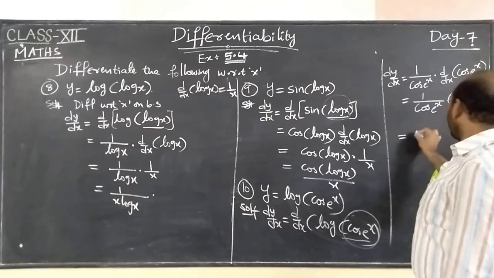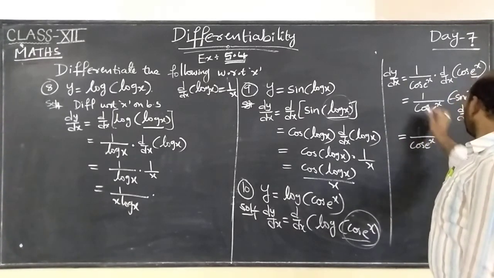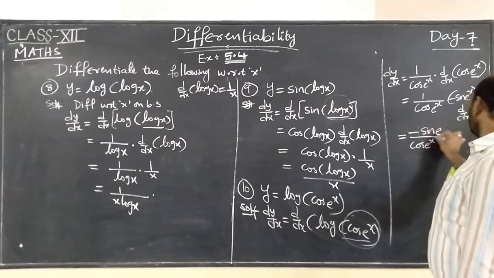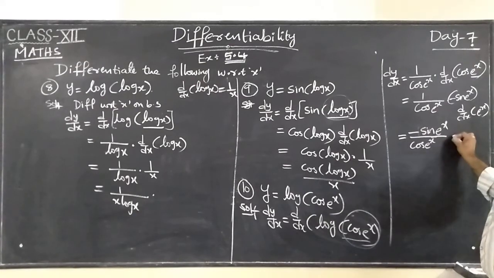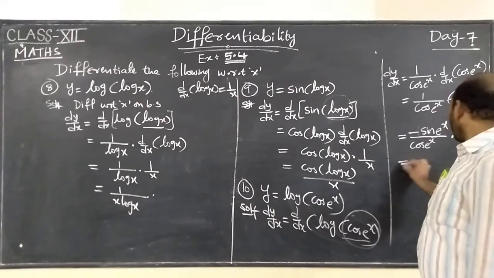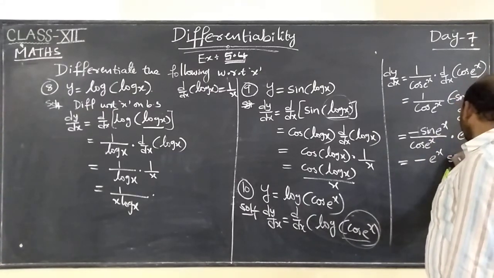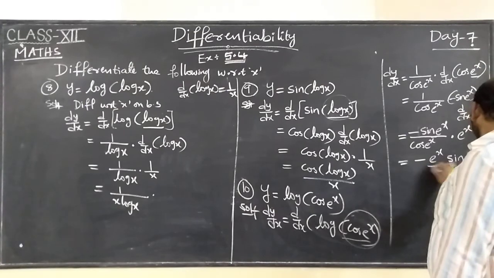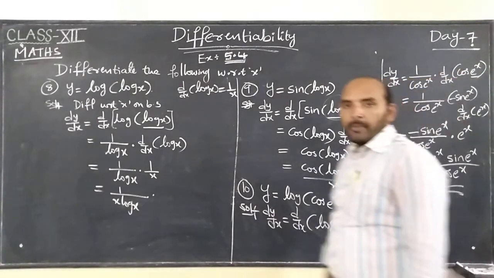So simply write 1 divided by cos e power x into minus sin e power x into the derivative of e power x, which is e power x. Which is equal to minus e power x into sin e power x by cos e power x. This is problem number 10.